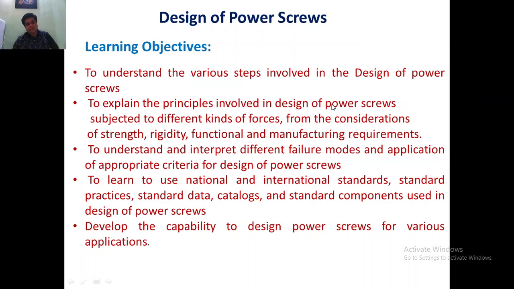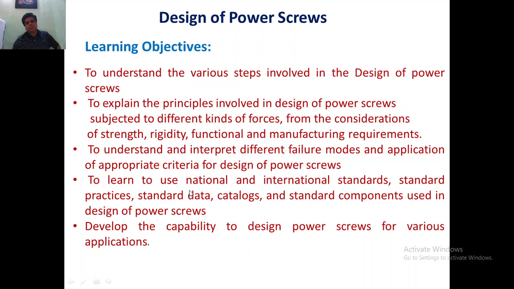All machine elements, and particularly power screws, are subjected to various kinds of forces, and you have to design the power screw with respect to strength, rigidity, functioning and manufacturing requirements. Also, you should understand and interpret the failure modes or theories of failure in the design of power screws.